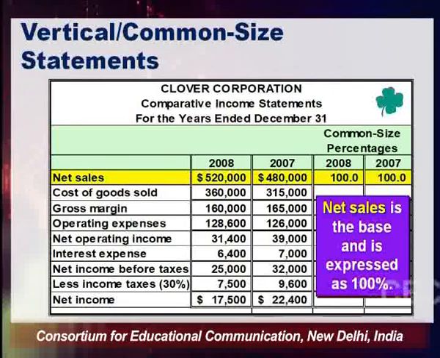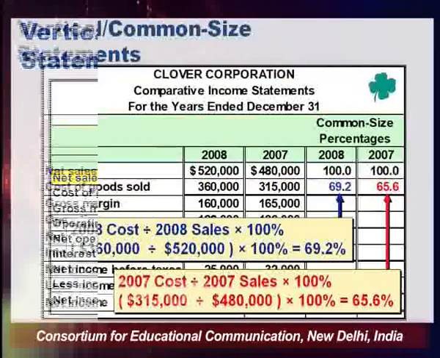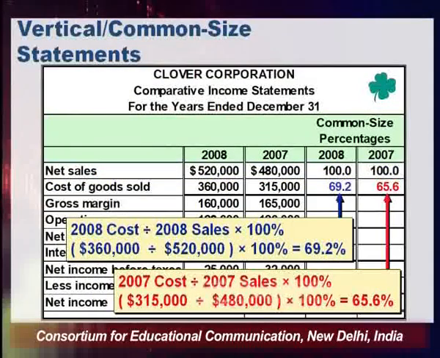So net sales becomes the common base. The word common is used for net sales. And the rest of the items, be it operating expenses or cost of goods sold or whatever, you just relate to it. For example, in 2008, what is the value of my cost? That is given. What is the value of my sales? That is given.